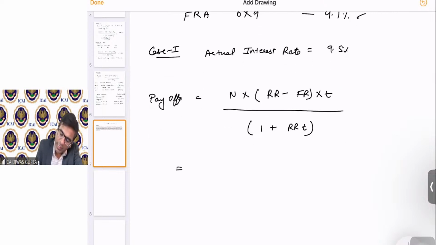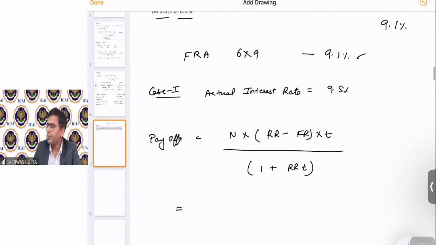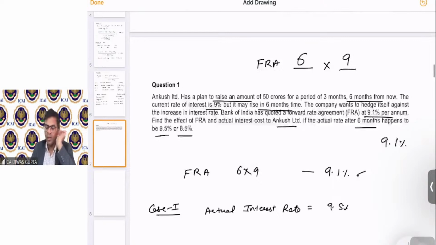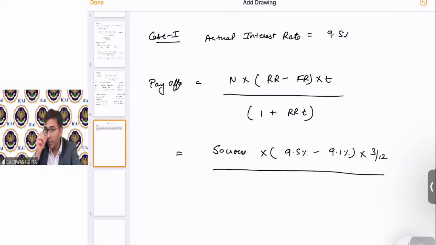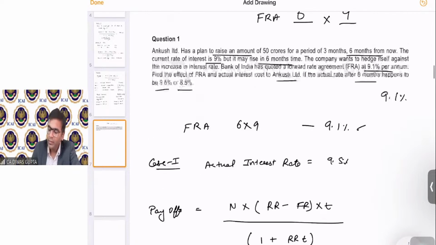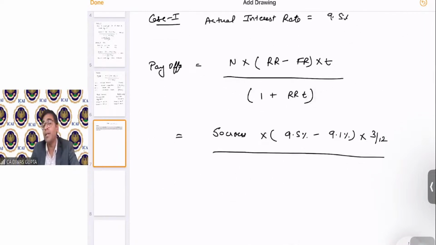So in this first case, what is the notional amount? 50 crores, multiplied by 9.5% minus 9.1% into 3 by 12. The borrowing is for 3 months, correct? After 6 months it will happen, but the duration will be 3 months, students.